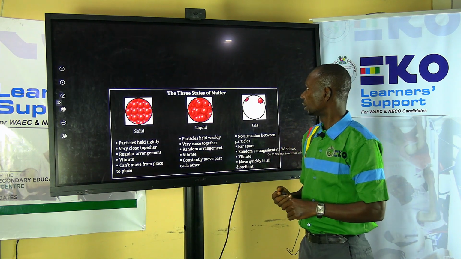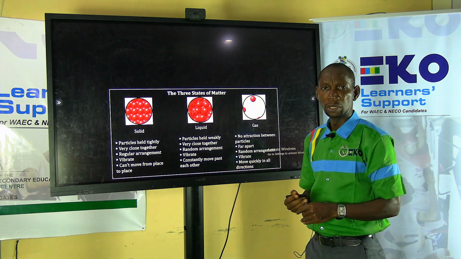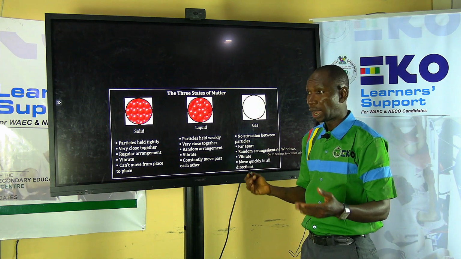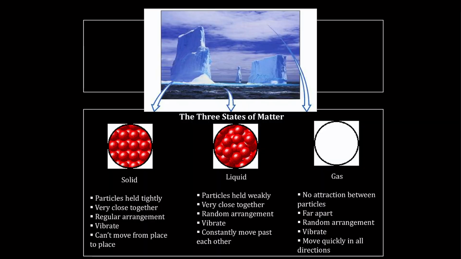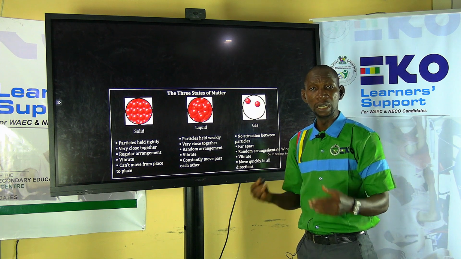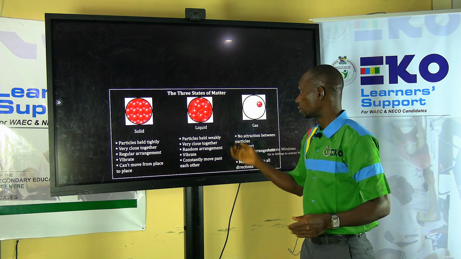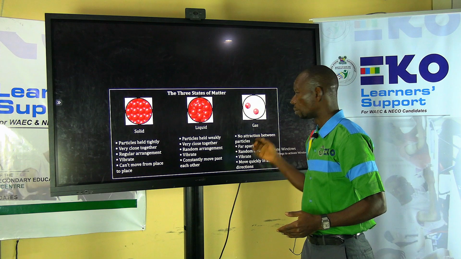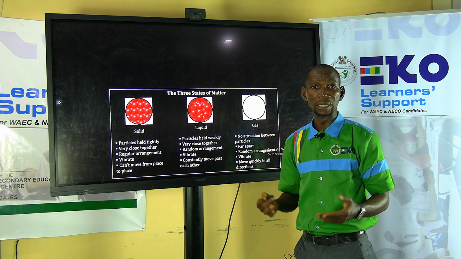Now, elements on the periodic table are of different states. We have those that are solid, like most of the metals, apart from mercury, which is the only metal that is liquid at room temperature. Some of them are liquid, like bromine, for example. Some are gases like oxygen and nitrogen.